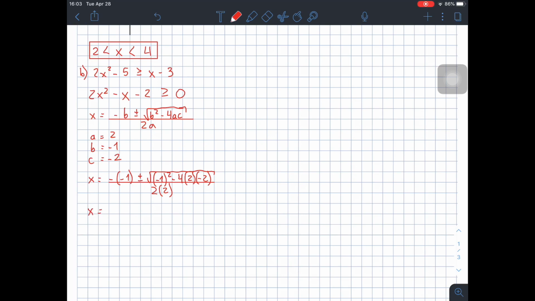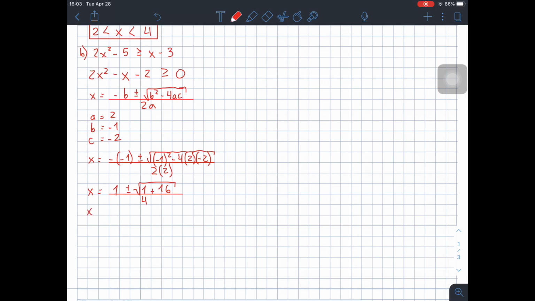We would get positive 1 plus or minus the square root of 1. This would be negative 4 times 4, that's negative 16, so plus 16, remember this is square root, over 4.